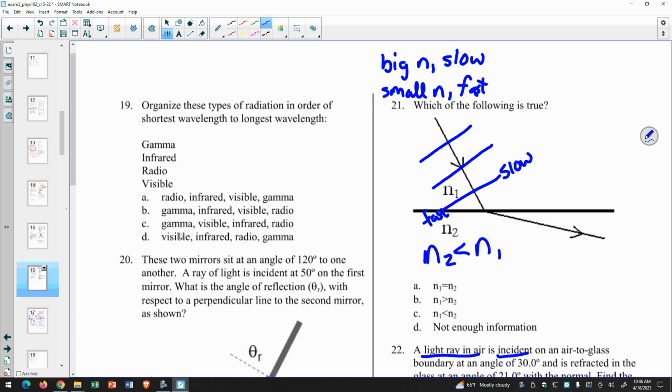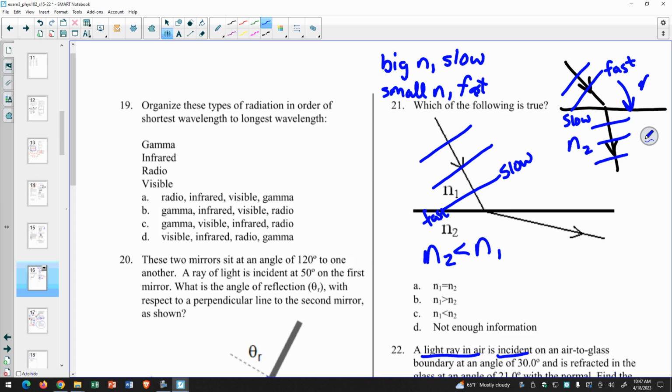And let's say it was the opposite. Let's say it was fast on top, slow at the bottom. That would be N1 greater than N2. Well, that would be a different situation. It would look like this, right? Where I would have the light come in. It has to travel slow here, fast here, in order to bend around and follow a path like this. So that means if this is N2 and this is N1, N2 is bigger than N1.